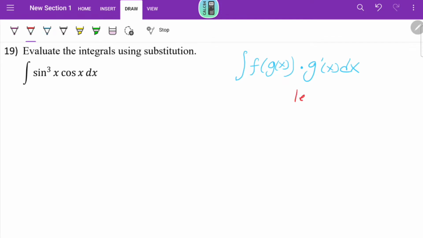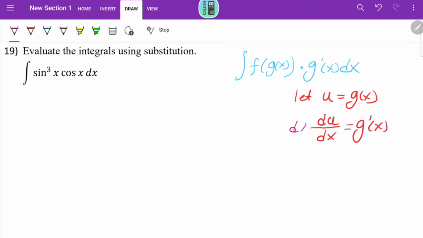We can say let U equal g of x, then take the derivative of both sides, and we're under the assumption that g is a differentiable function. We say du over dx is equal to g prime of x. We can then multiply both sides by dx.